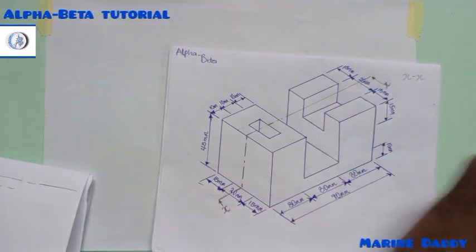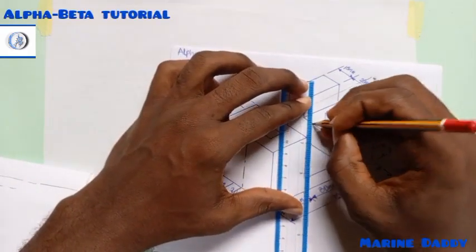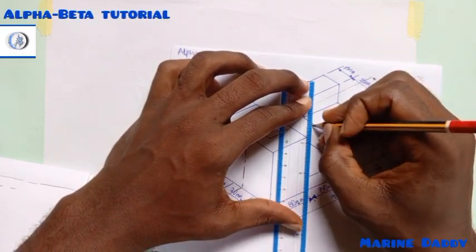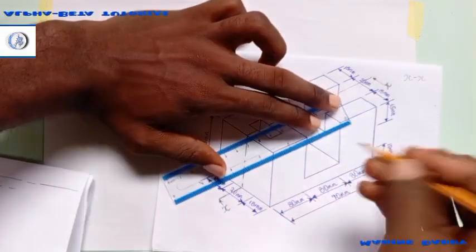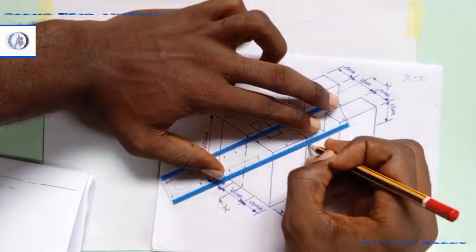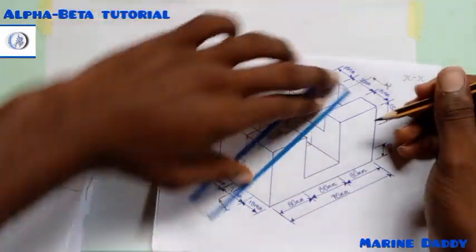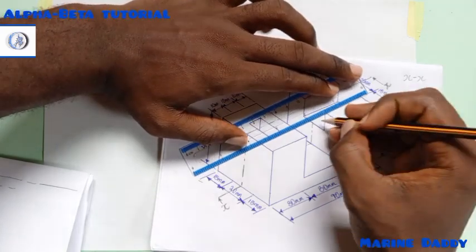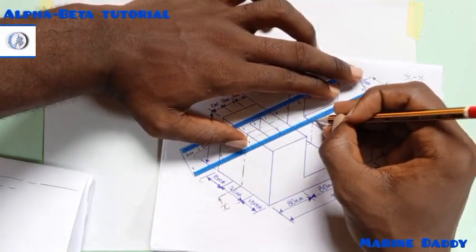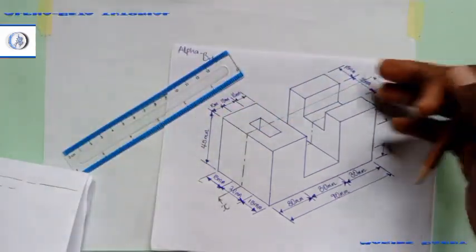So I'll fill it up like this with my imaginary line. I'm just trying to give you a clear understanding of what's in it. Understand?